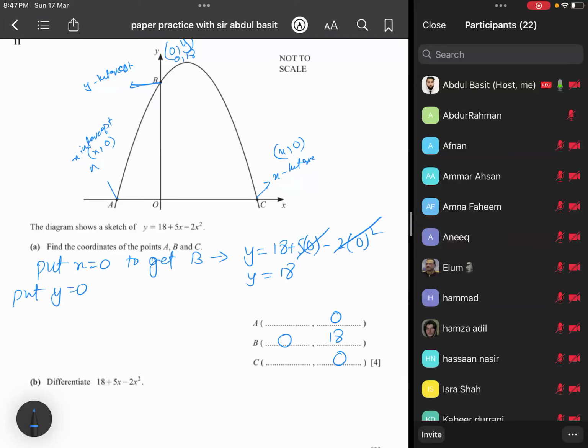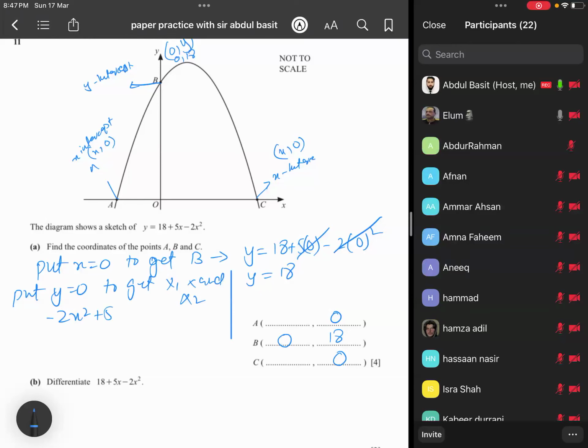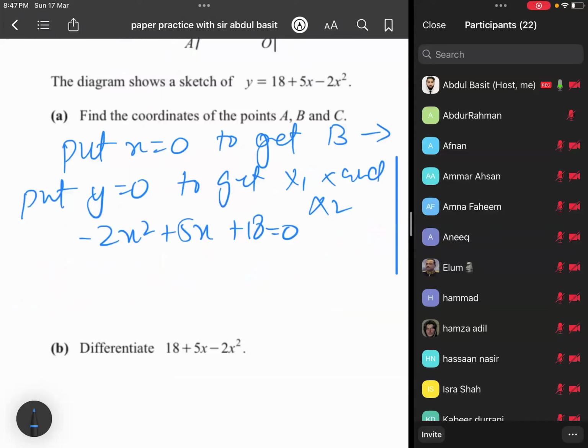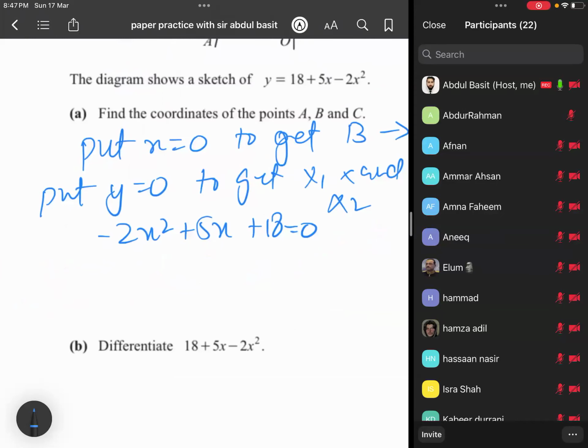Now put y is equals to 0 to get x1 and x2. So beta, minus 2x square plus 5x plus 18 is equals to 0. Now use your calculator, please. A is equals to minus 2, B is equals to 5, C is equals to 18, mode 5 and 3.